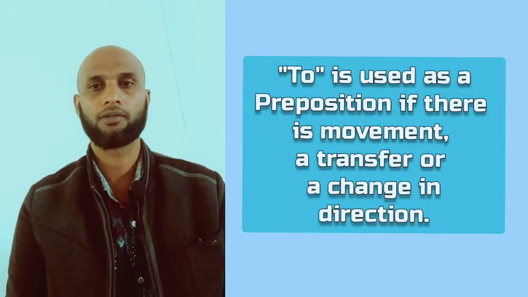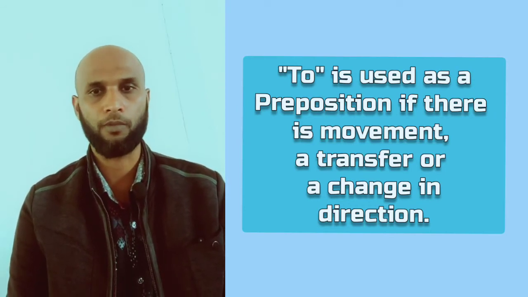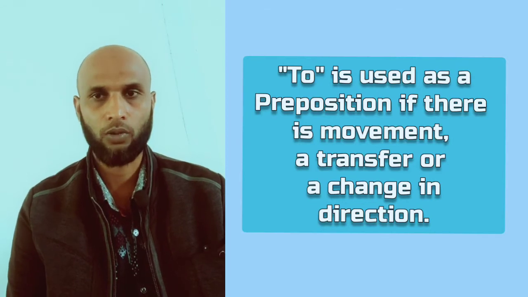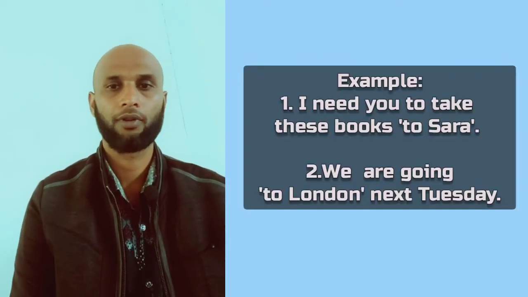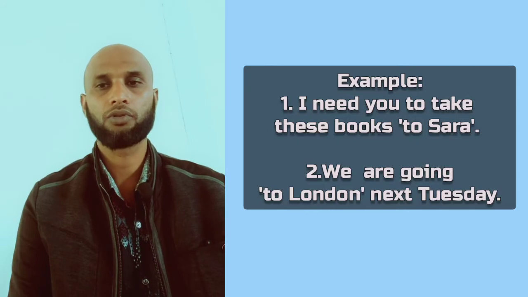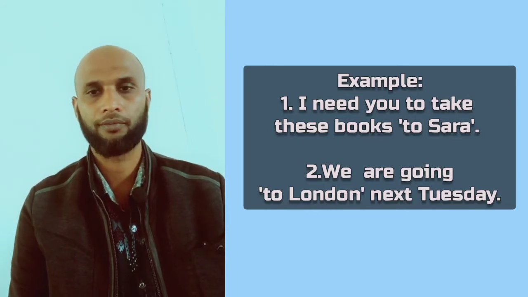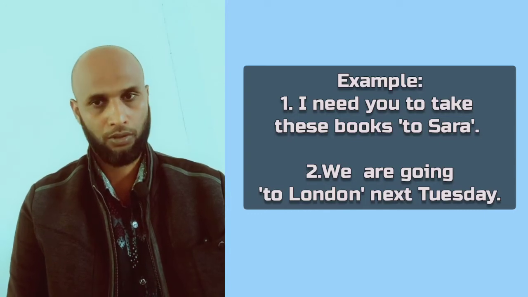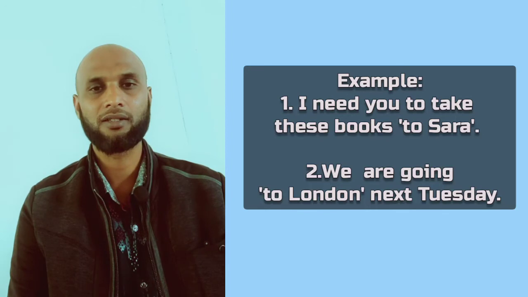To is used as a preposition if there is movement, a transfer, or a change in direction from one point to another. For example, I need you to take these books to Sarah. Number 2, we are going to London next Tuesday.